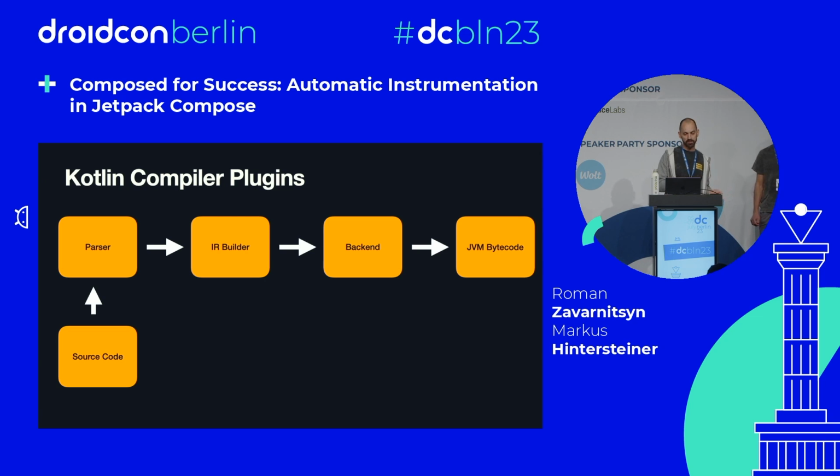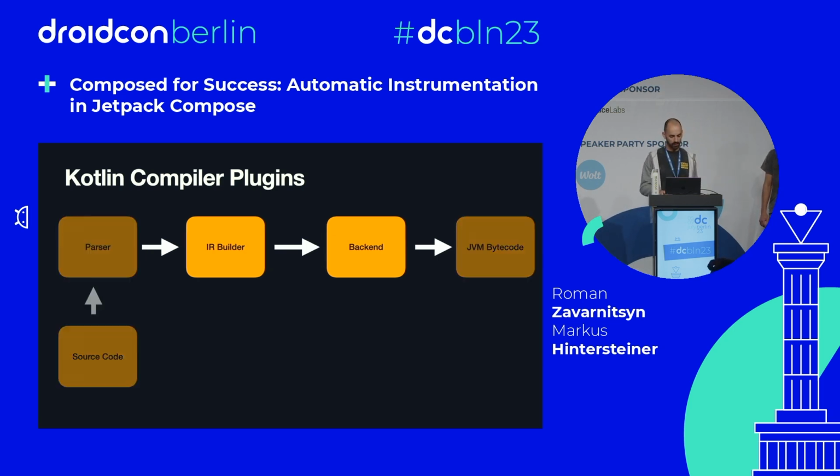It gets parsed. We have a tree representation of the source code. Then comes the IR builder, which creates an intermediate representation of our source code. This one runs through the backend, and depending on which backend you're using, you end up with platform-specific code. In the case of Android, it's the JVM bytecode.